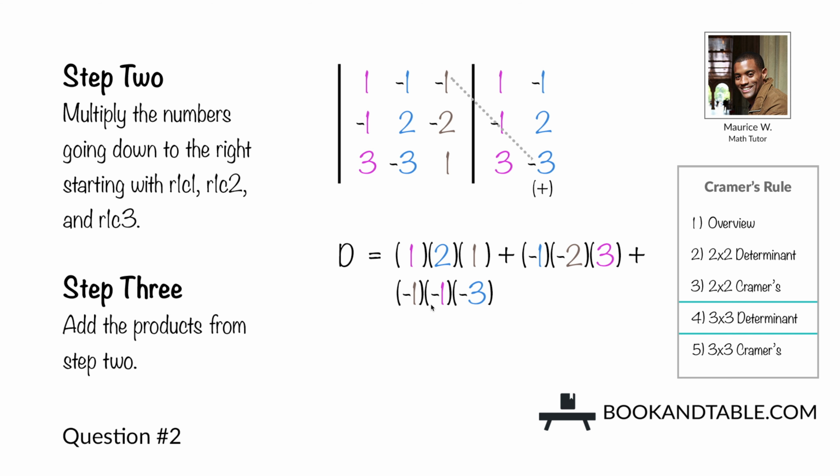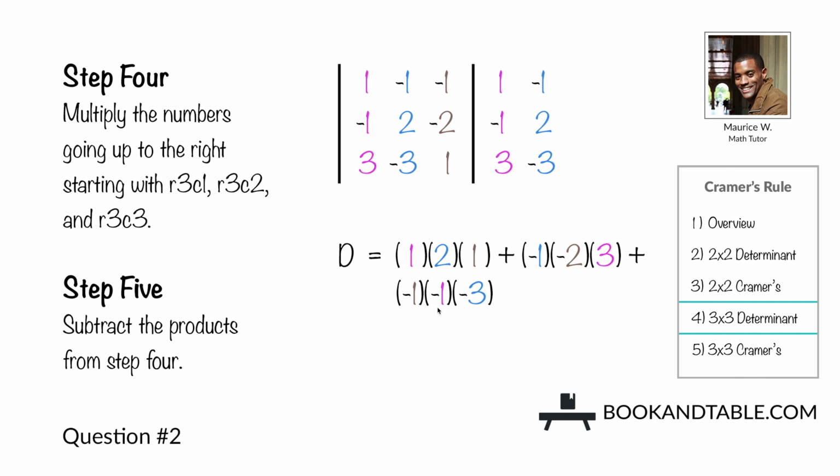So those are steps 2 and 3. So now step 4, multiply the numbers going up to the right, starting with R3C1, R3C2, and R3C3.